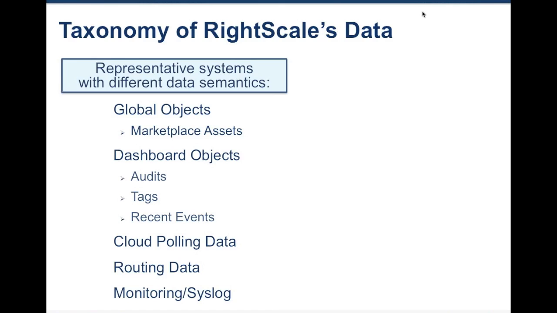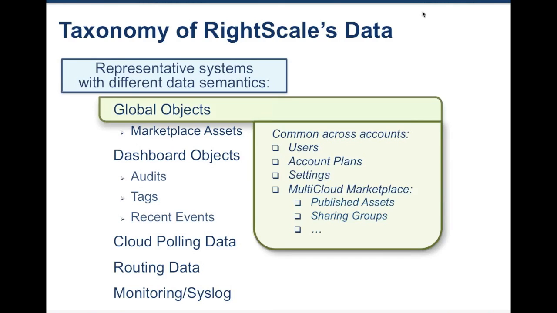So let me go more specific about what global objects are. In RightScale, we have these 2 concepts of users and accounts. A user is just the ability for someone to connect to the system and have access to it. Normally an email is attached to a user, and you may have access to multiple accounts.